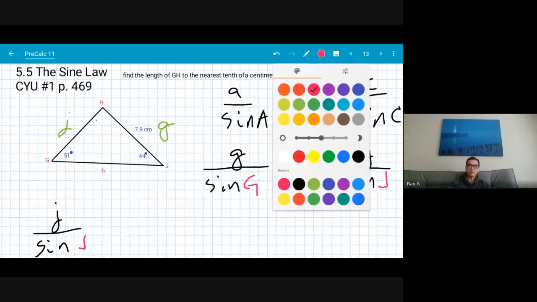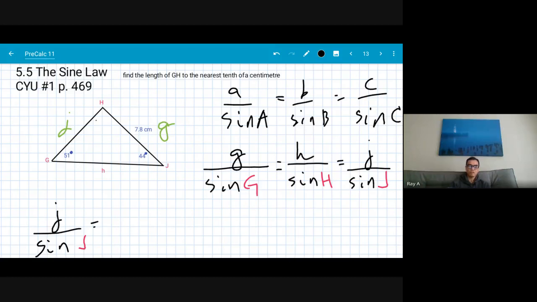I need it to be equal to another fraction, either this or this, so that I can create a proportion. When you pick between these two fractions, you have to make sure the one you choose has the values you need to replace the letters. For example, let's say I pick this.